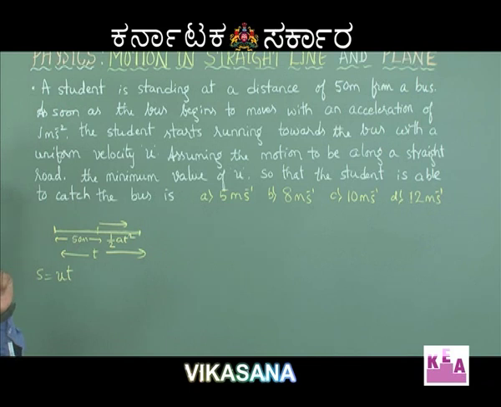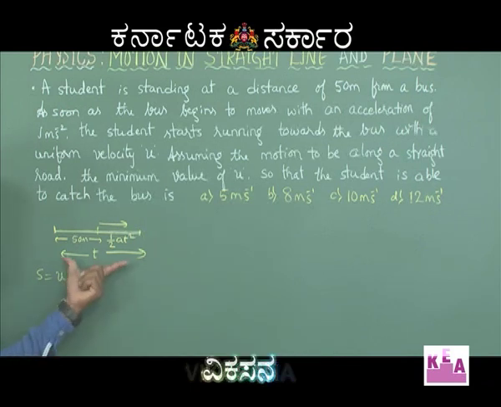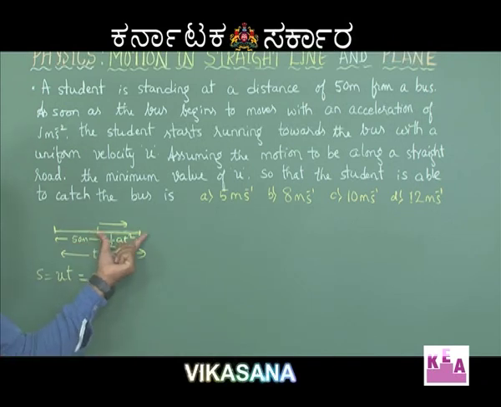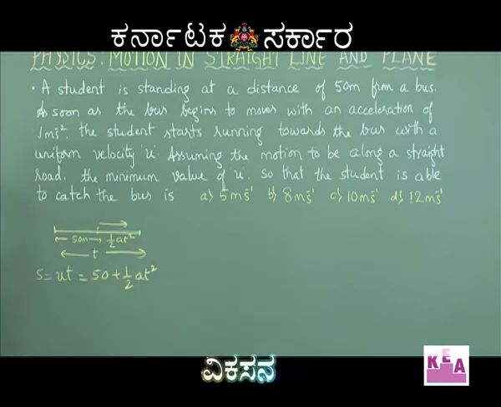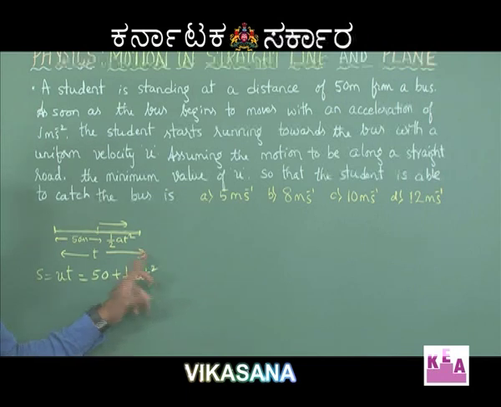In order to catch the bus, the distance covered by the boy, ut, should be equal to 50 plus half at square. I hope I am clear.